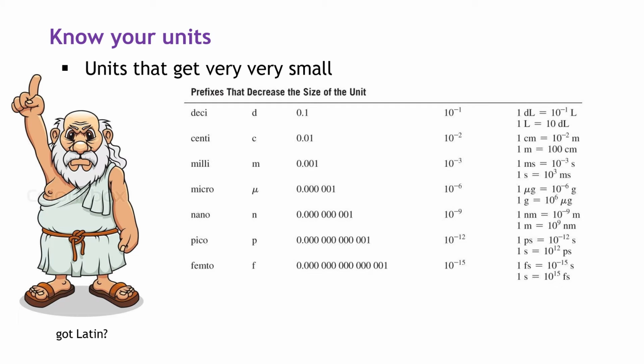We're now going to move on to how we can use prefixes in the metric system to determine the size of a unit. We have a whole series of prefixes that derive from the Latin. So we have things like deci, centi, milli, micro, nano, pico, and femto.